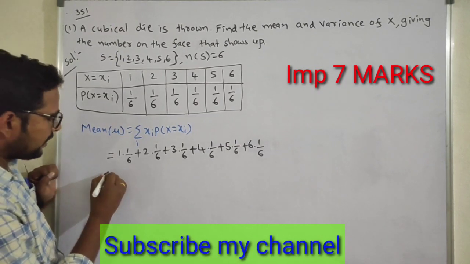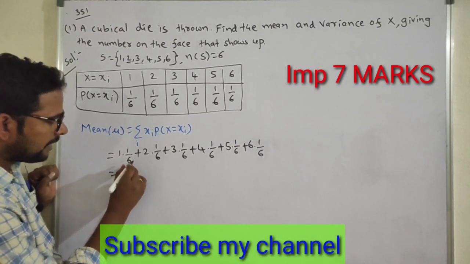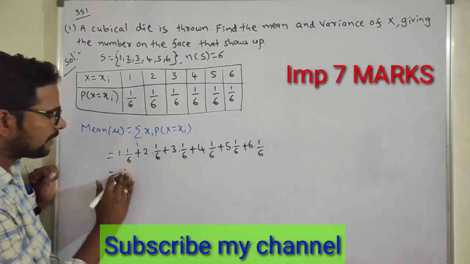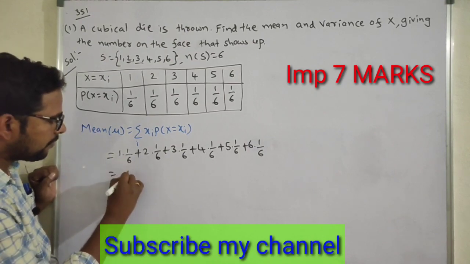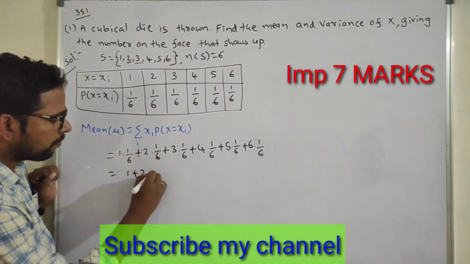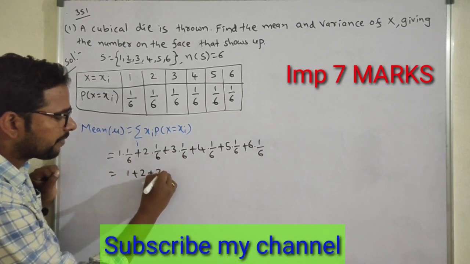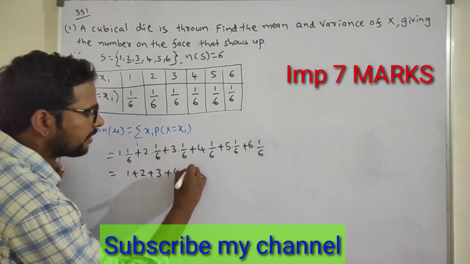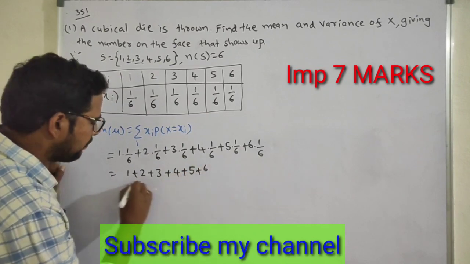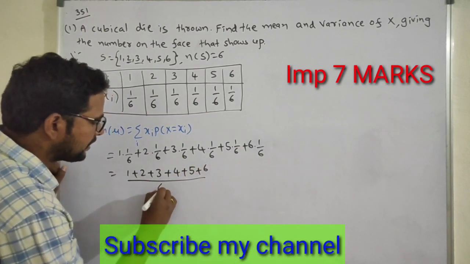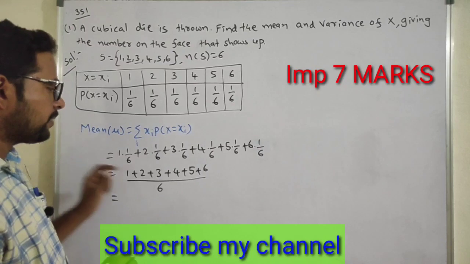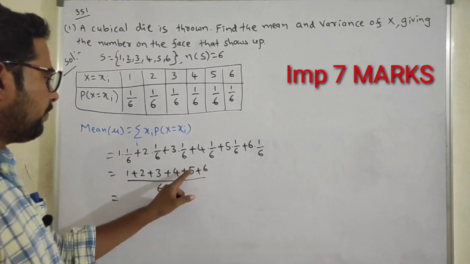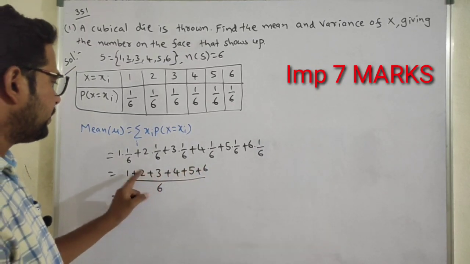Okay? So 1 ones are 1, taking LCM 6 since the total denominator is 6. 1 ones are 1 plus 2 ones are 2 plus 3 ones are 3 plus 4 ones are 4 plus 5 ones are 5 plus 6 ones are 6, divided by 6. The sum is 6 plus 4 is 10, 15, 15 plus 3 is 18, 20, 21.